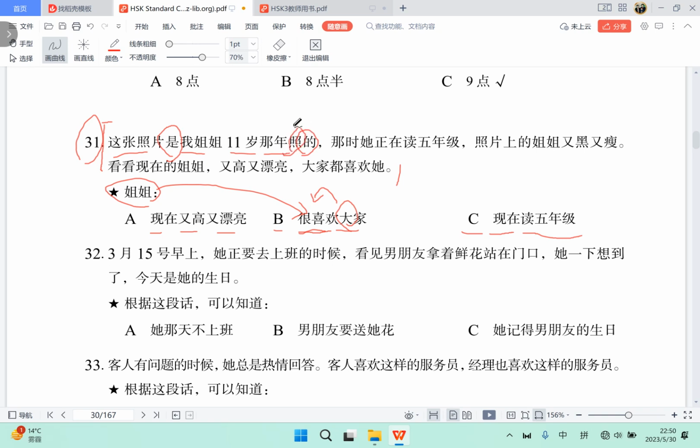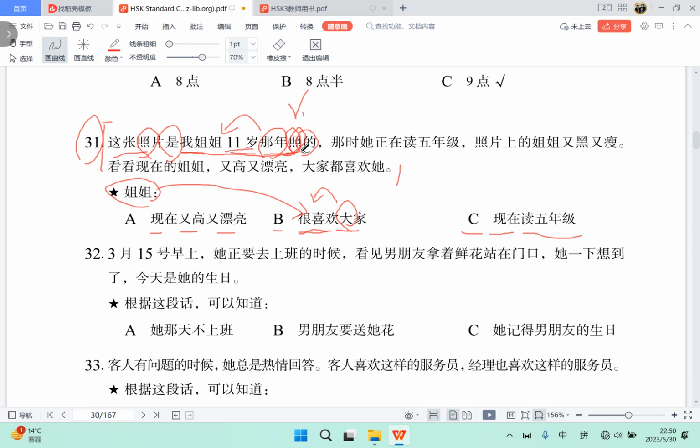Okay, so here, 照 is the action to be emphasized, to take, because it's a photo. And here 我姐姐11岁那年, so that year when my sister was 11th, aged 11. So here is emphasized the time of this action.